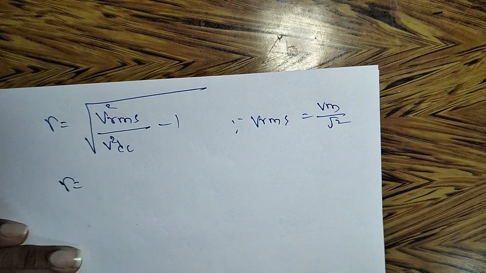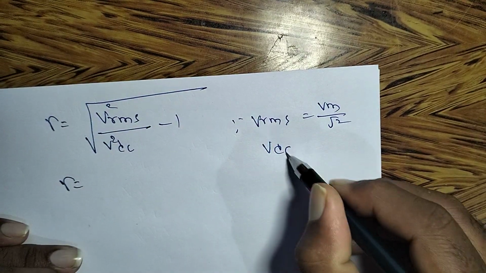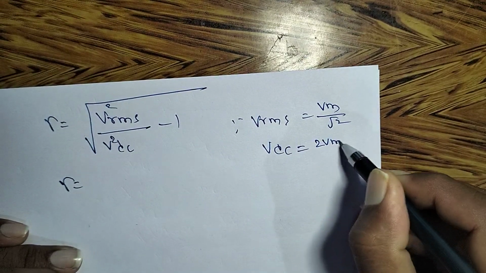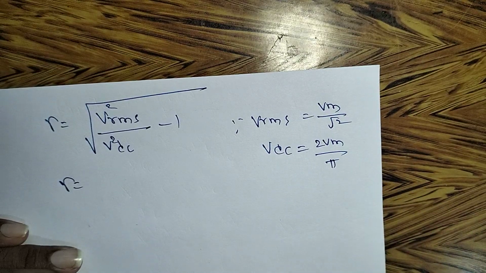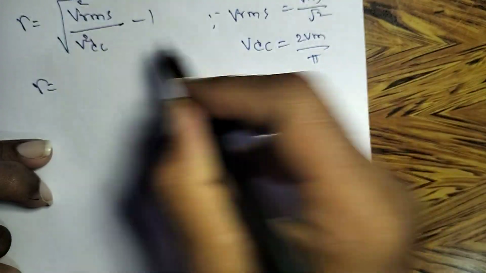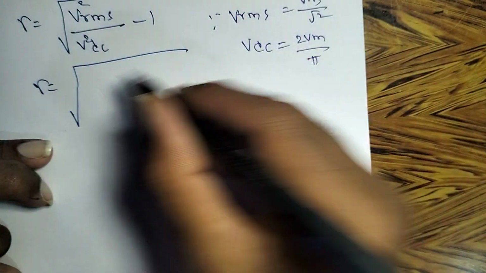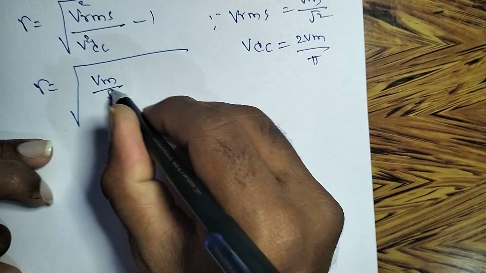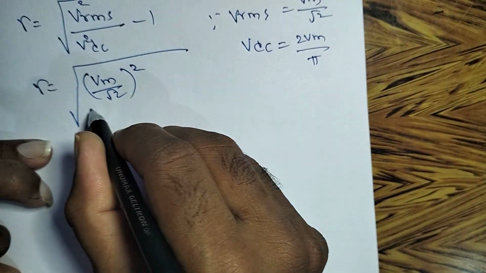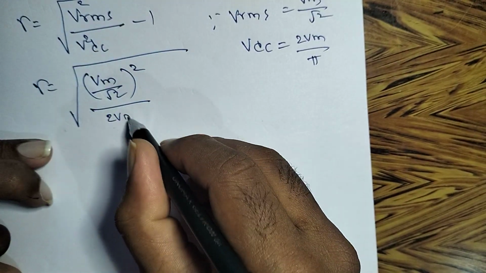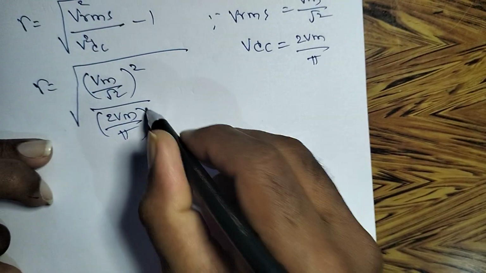What is VDC? 2 Vm by pi. Hope you understand. Now with the help of this expression you have to substitute here. So VRMS is Vm by root 2 whole square divided by 2 Vm by pi whole square, minus 1.